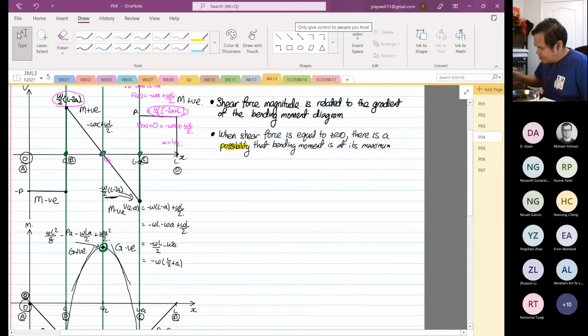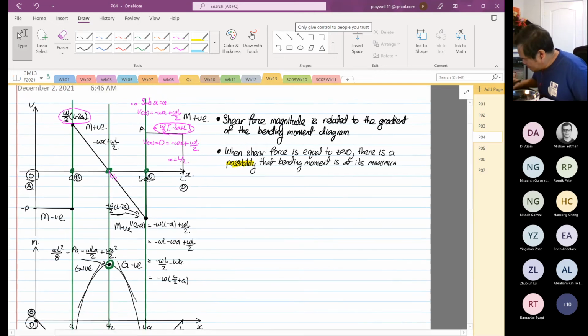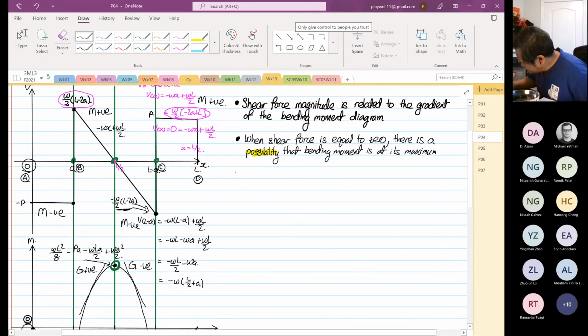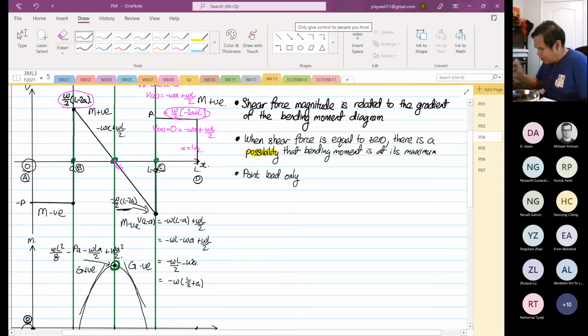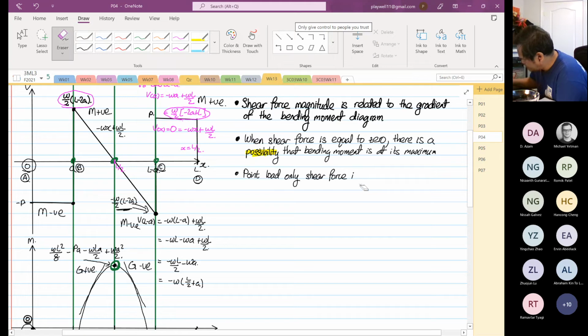So you can also see that when there is point load only, the shear force is constant or has no gradient, meaning zero slope.